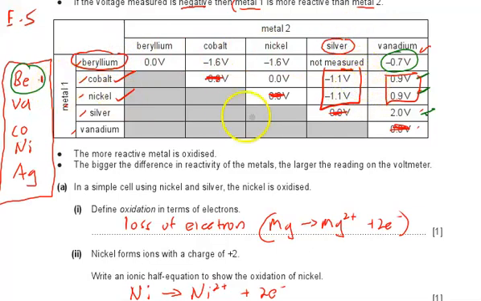Let us check with vanadium and silver. From vanadium to silver is 2.0. So when you look at it, it should be more than 2 and must be in negative, because this is metal 1.